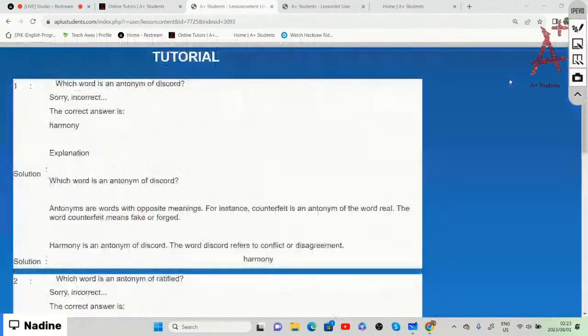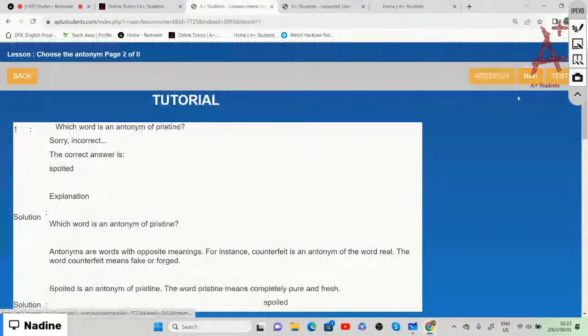All right, we're going on to the next one. Next, we need to find the antonym of pristine. The antonym of pristine is spoiled, right? Because pristine means completely pure and fresh.